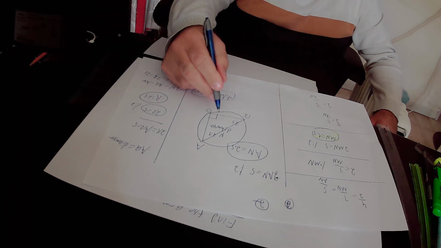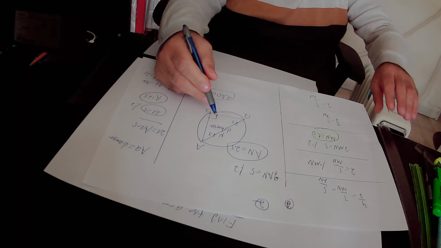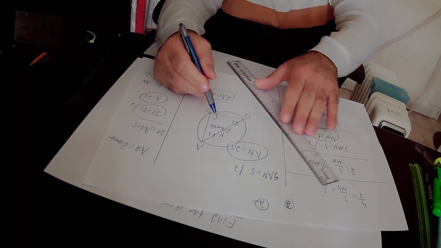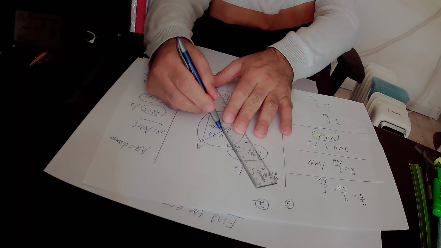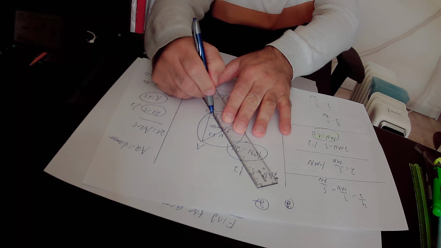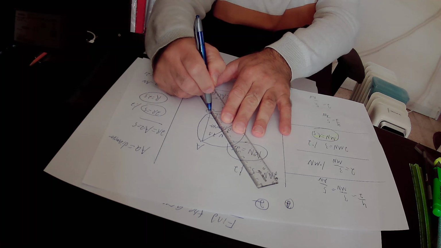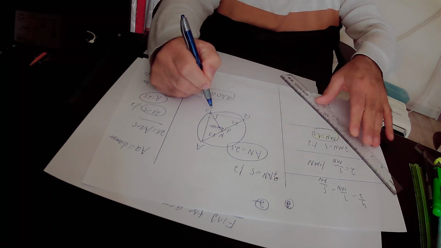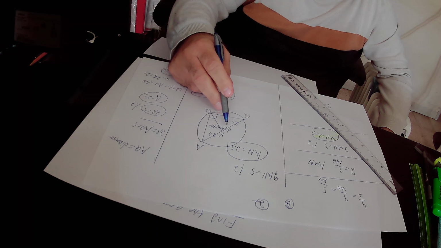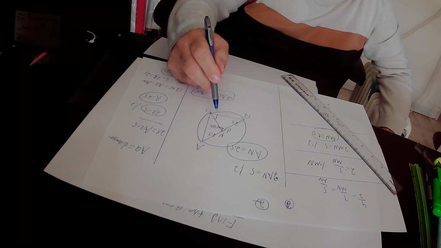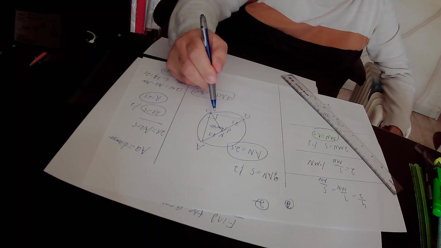So if point N is the center of the circle, it means that NO is the radius of the circle. Why? Because line segment NO starts from the center of the circle, that is to say from point N, and ends at point O, that is a point on the circle itself.